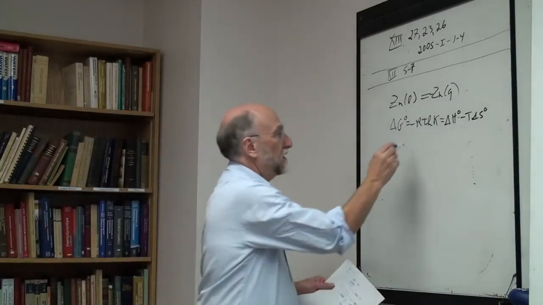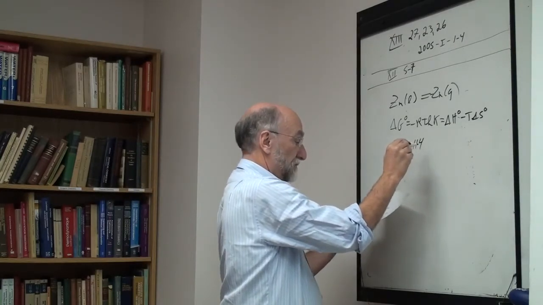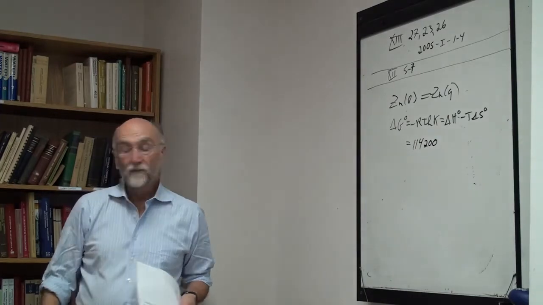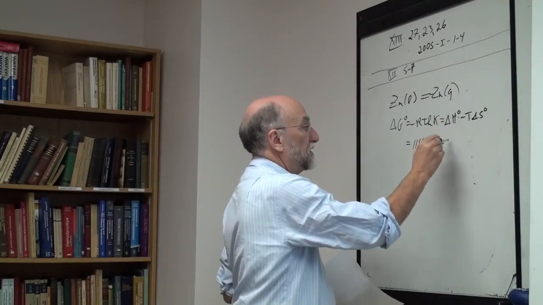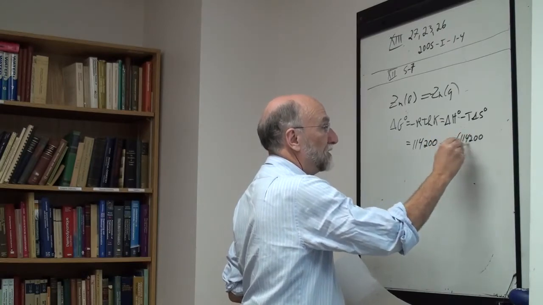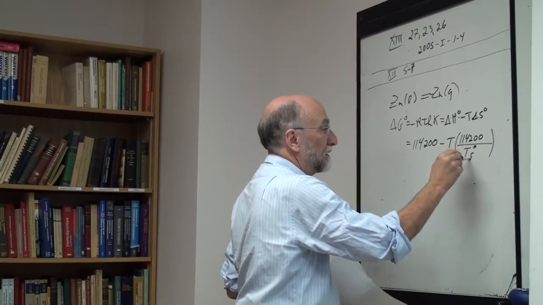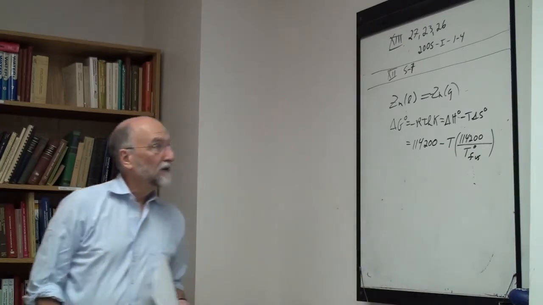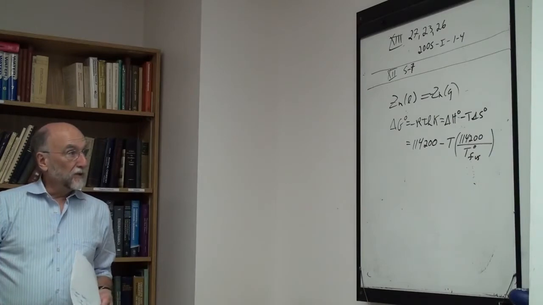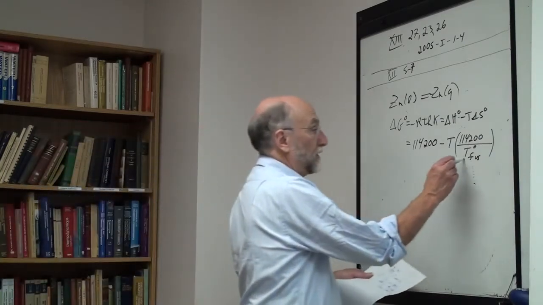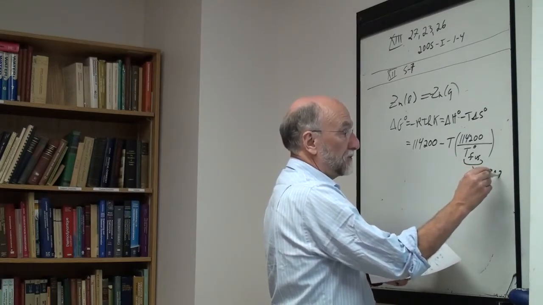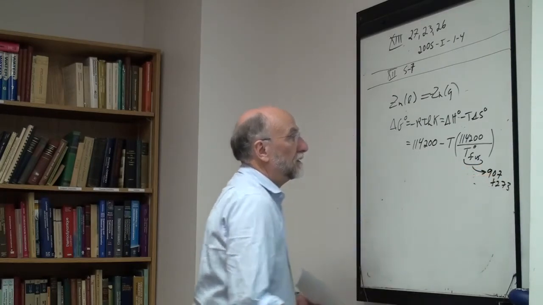The heat of the reaction is 114,200, which was given to you, minus T times delta S, and delta S is 114,200 divided by the melting point. The entropy of fusion is the heat of fusion divided by the equilibrium melting point, which is known. The equilibrium melting point is 907 plus 273.